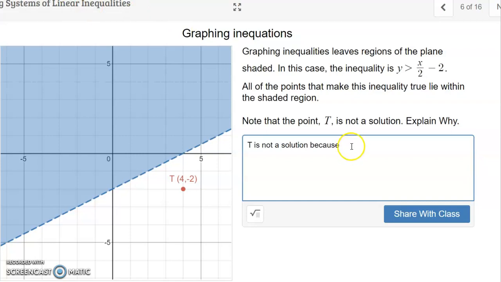T is not a solution because if you substitute in 4 for x and negative 2 for y, you would get negative 2 is greater than 4 divided by 2 minus 2, which would simplify to negative 2 is greater than 2 minus 2, which is 0, and negative 2 is not greater than 0.